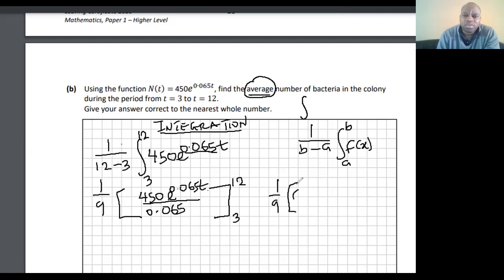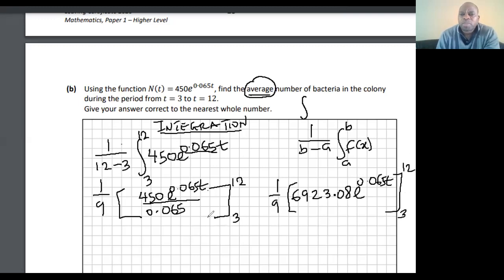This gives us 6,923.076, so let me put 6,923.08 because of my space. I will leave it in 2 decimal places anyway. Then exponential 0.065t within the interval of 12 and 3.